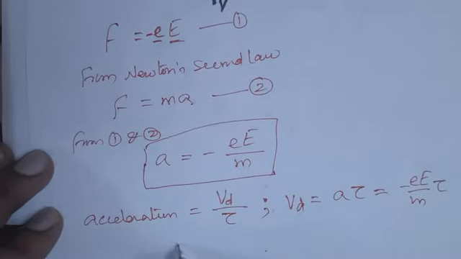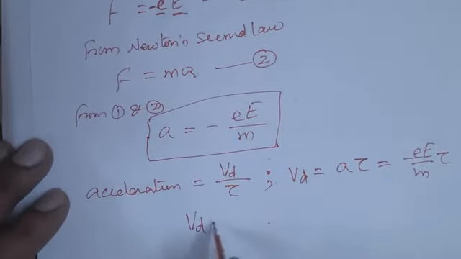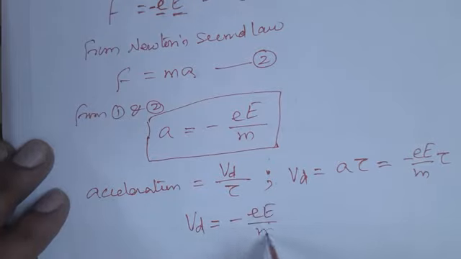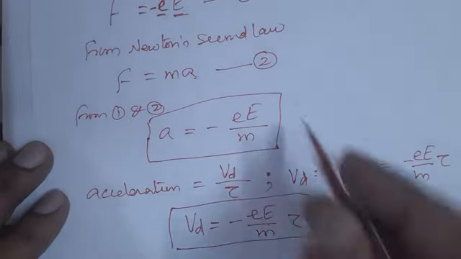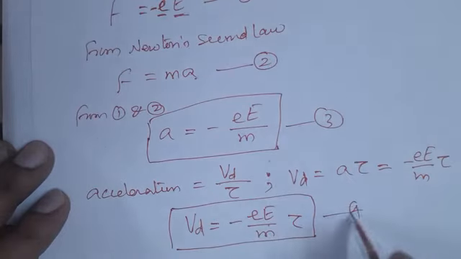So the drift velocity we arrived at is Vd equal to minus eE tau by m. Take it as equation number 4.